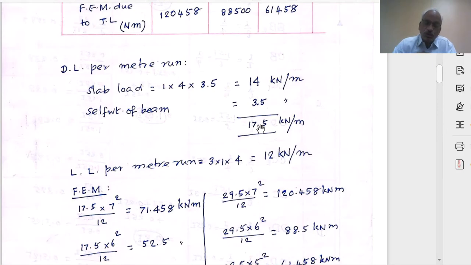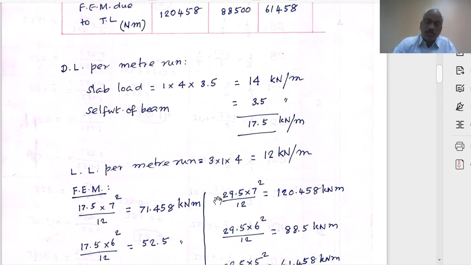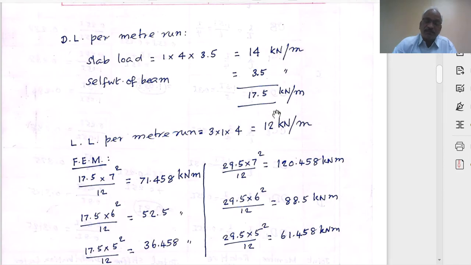Now, due to this, we have to find out the fixed end moments. In the moment distribution method, we will start with the determination of fixed end moments. So we will just do the calculations and take it to the table. 17.5, this is due to the dead load. Later we will be applying only dead load on a particular span and live load on some other spans. Regarding the pattern of loading we will discuss subsequently.